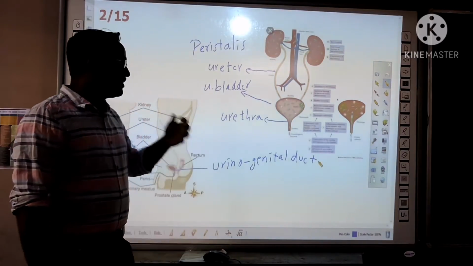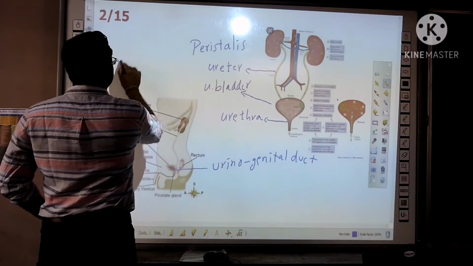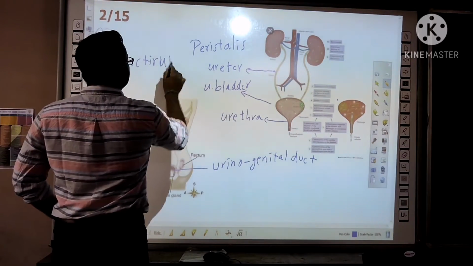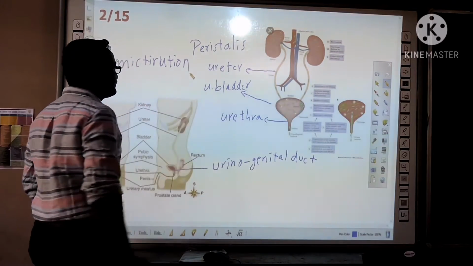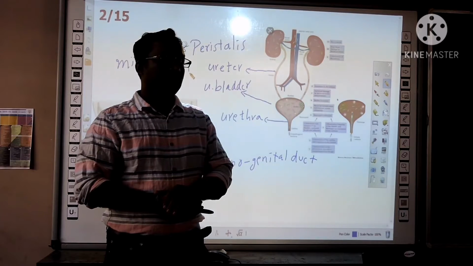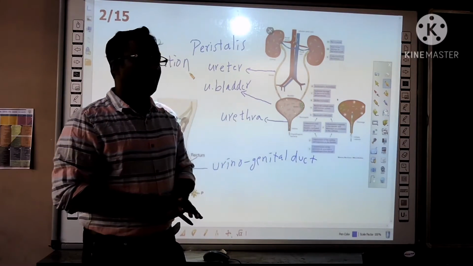Okay, next process: how micturition takes place. Micturition means passing out urine. How does this take place? What triggers this activity?